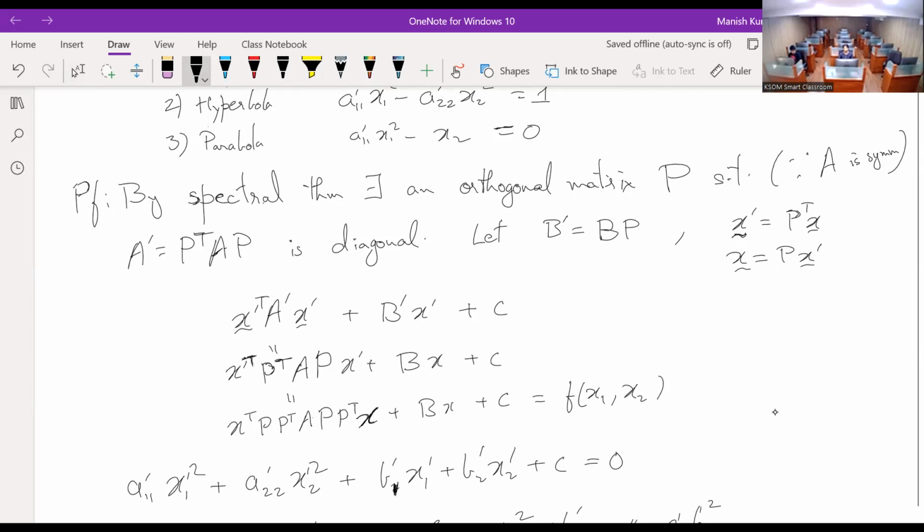Then it becomes x transpose P transpose A P x plus, and I can also do this in two steps. So b prime is bP and x prime is P transpose x.